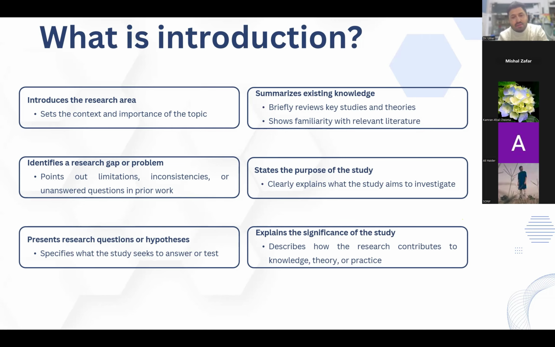The third thing is that it identifies the research gaps, research questions, the problems that we are facing, and why we are conducting this research. That tells about the gaps we are facing in our research.